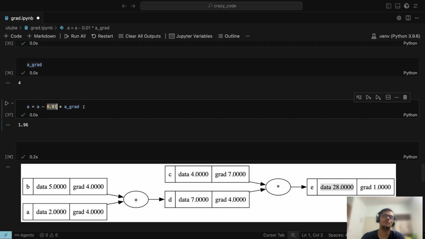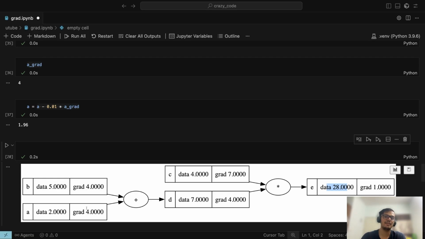It means how big a step, or how big a change, we want to make to this data, right? And we are just going to subtract it from a, and we are going to get 1.96. 1.96 is smaller than 2 because we want to reduce E.